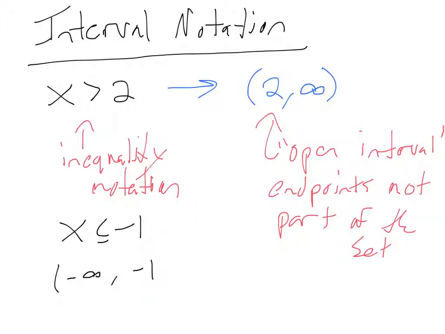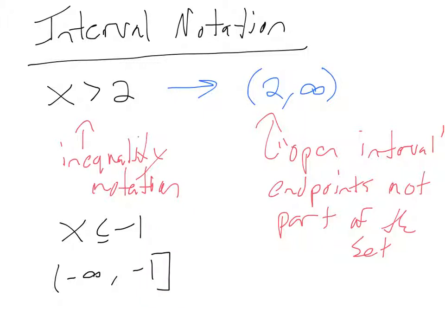Now, on the other hand, is -1 going to be part of this set? Yeah, so to indicate the fact that -1 is part of the set, we're going to use a bracket. Is that a bracket or a brace? Yeah, a bracket. My symbols, I always forget the name of it. We're going to use a bracket to indicate the fact that -1 actually is part of that set.